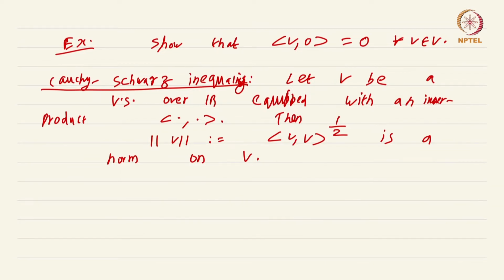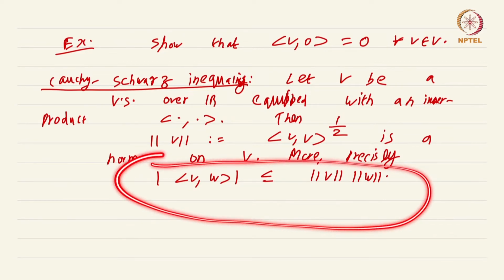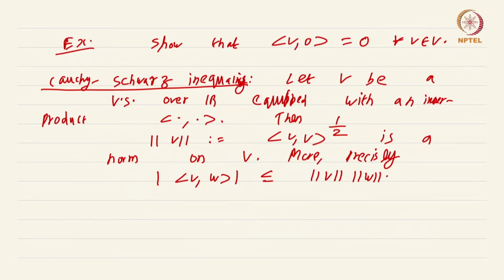So, more precisely, the inner product of V and W, if you take the absolute value, remember the inner product will give you a real number, is less than or equal to norm V times norm W. This is the actual Cauchy-Schwarz inequality, and from this Cauchy-Schwarz inequality you will be able to get that it's a norm. Let's prove both of these facts together in one single stroke.